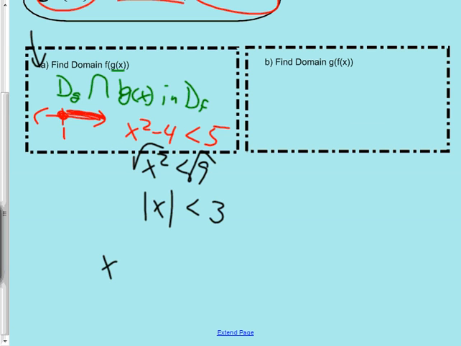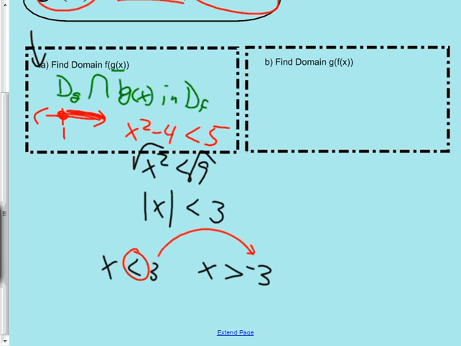Did you say x is less than 3 and x is greater than negative 3? You have to switch that sign. Why? Well, this is like multiplying it by negative 1. 3 turned into negative 3. That's what the function is effectively doing. And so when you multiply by negative 1, do you remember you have to switch the sign around?